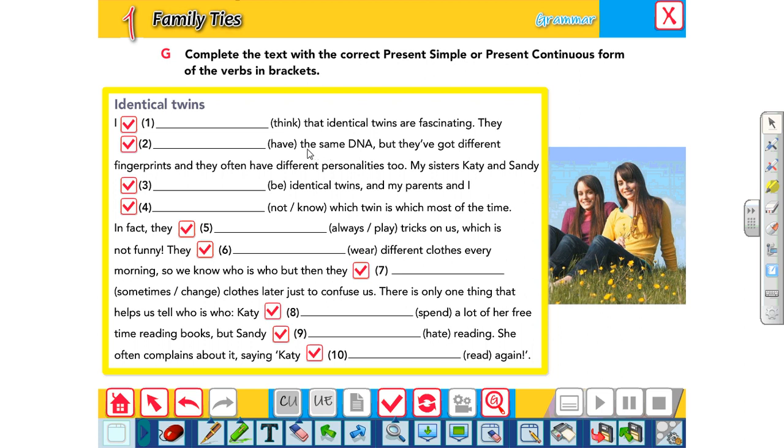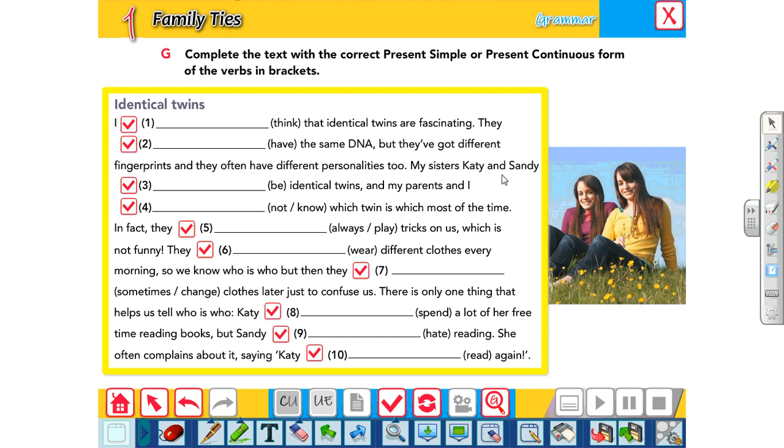They have the same DNA, but they have different fingerprints and they often have different personalities too. The personalities here means characteristics. For example, these two girls are identical twins, but maybe they have different characteristics. One is quiet, but this one is nervous, angry.